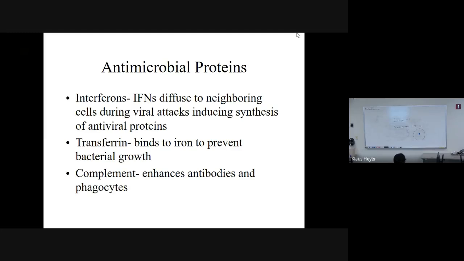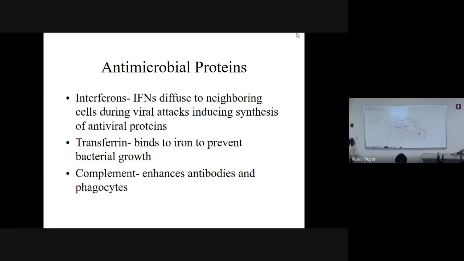And then transferrin, you've heard of that before. It moves around iron, right? So here, it helps with our immune system. Some pathogenic bacteria use iron to grow.